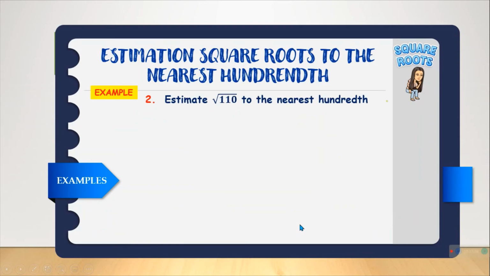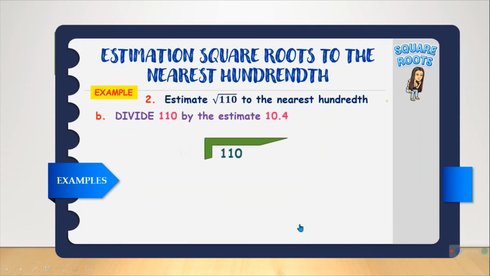So, si 10.4 ay i-divide kay 110. So, 110 divided by 10.4. Since may decimal number na naman siya, so aandar ulit tayo para maging whole number. So, whole number siya, isang andar. Ganoon din sa kabila. And then yung blank, lalagyan natin ng 0. And then yung decimal point ay ilalagay din natin sa bandang dulo.